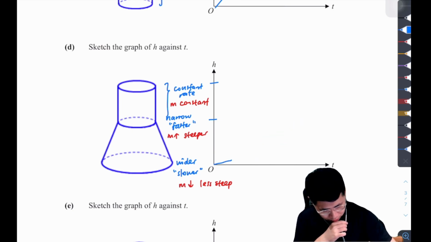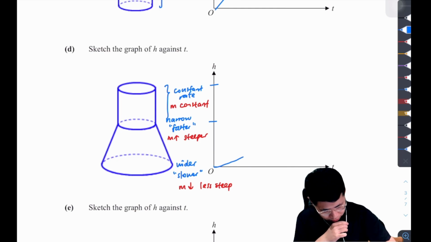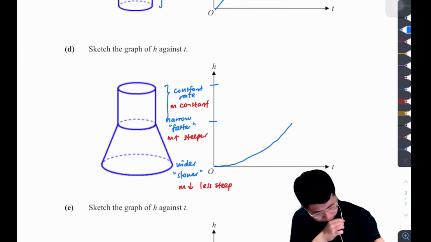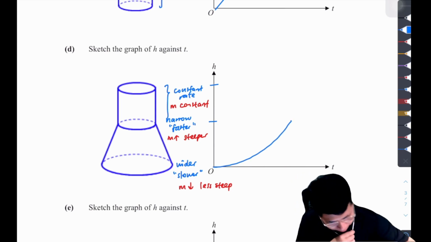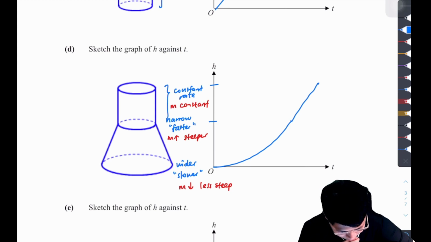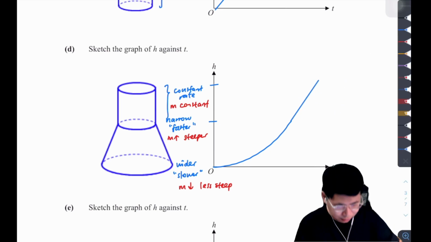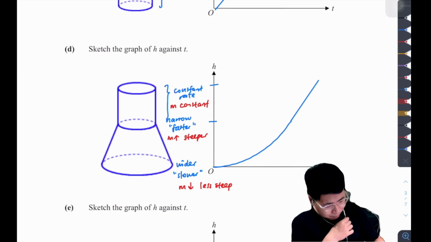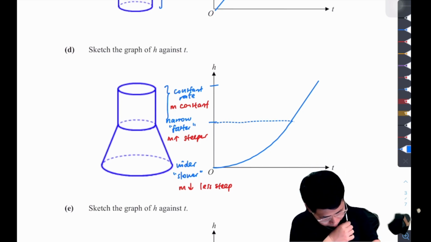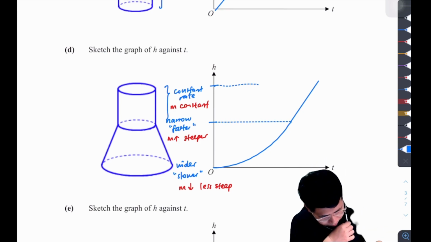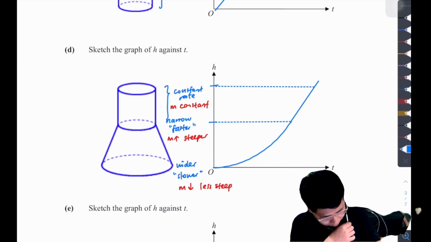We can also stretch it a bit more, so you can do something like this, and then I'm just going to draw a straight line up like that. Okay, something like that.